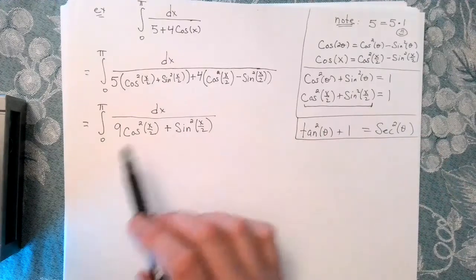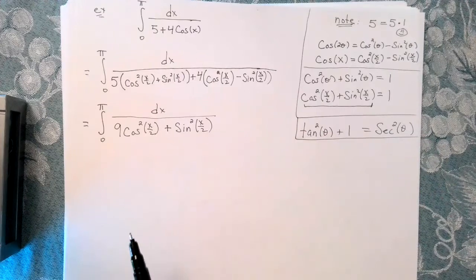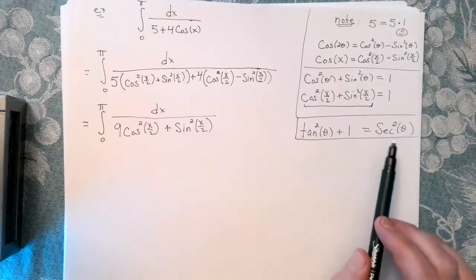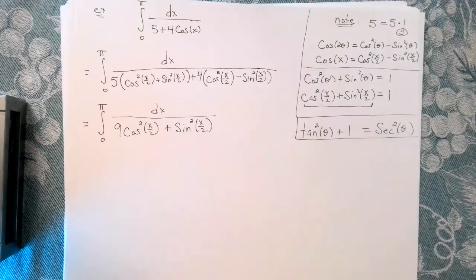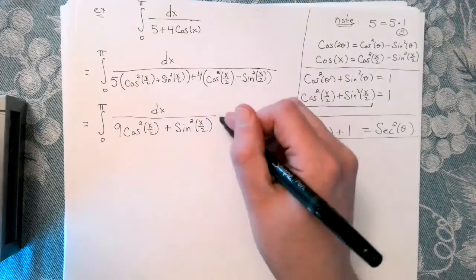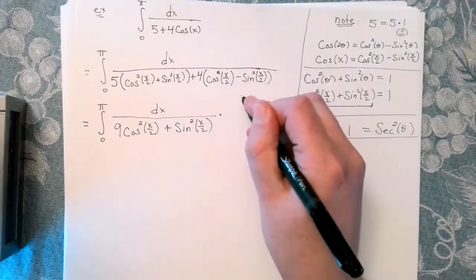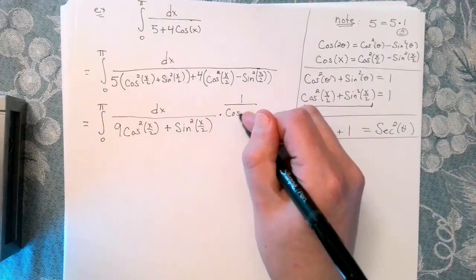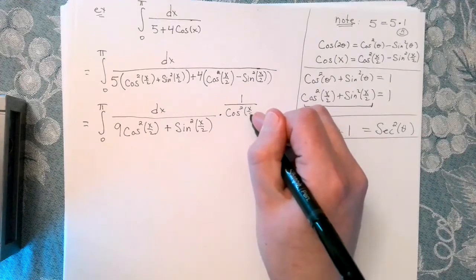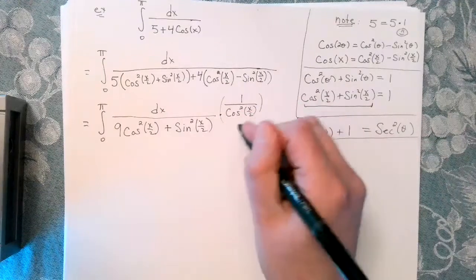Like if I had some sort of tangent that I could call u, then du secant squared, if I could get that to show up, then I could make some use out of this. Okay, so let's do the following. Let's multiply the top and the bottom. Here's where we get to be clever. By 1 over cosine squared of x over 2 over itself.